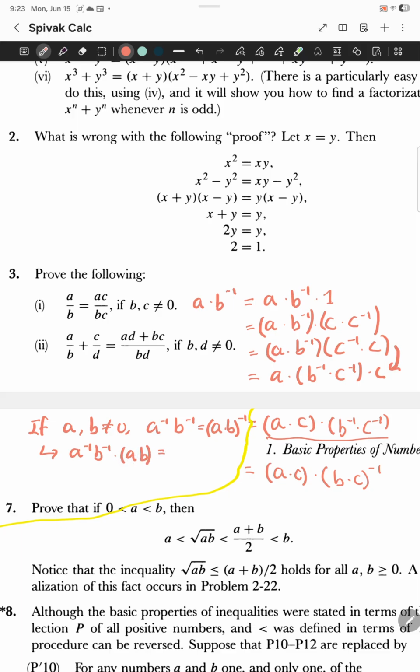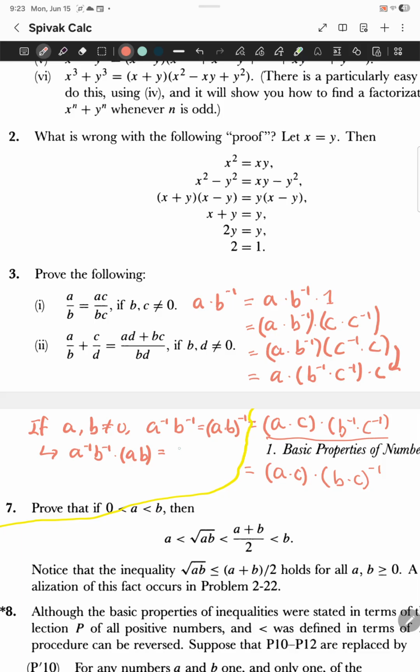What is this equal to? If we can prove this is equal to 1, then that basically means that the inverse of ab is a inverse times b inverse.